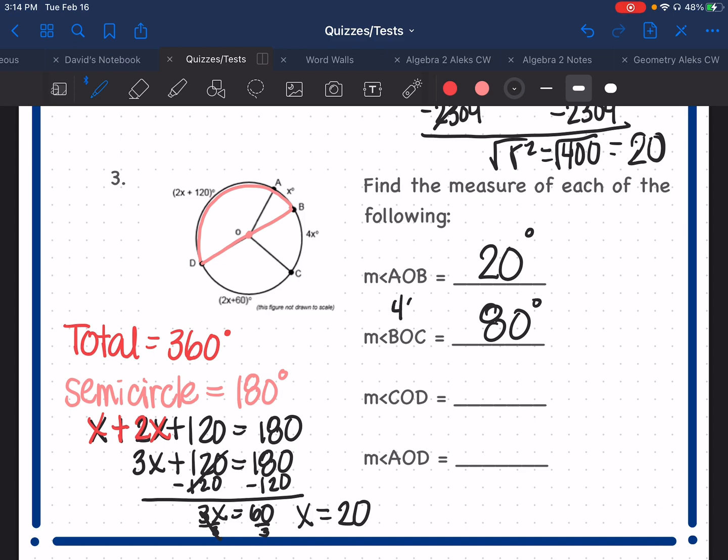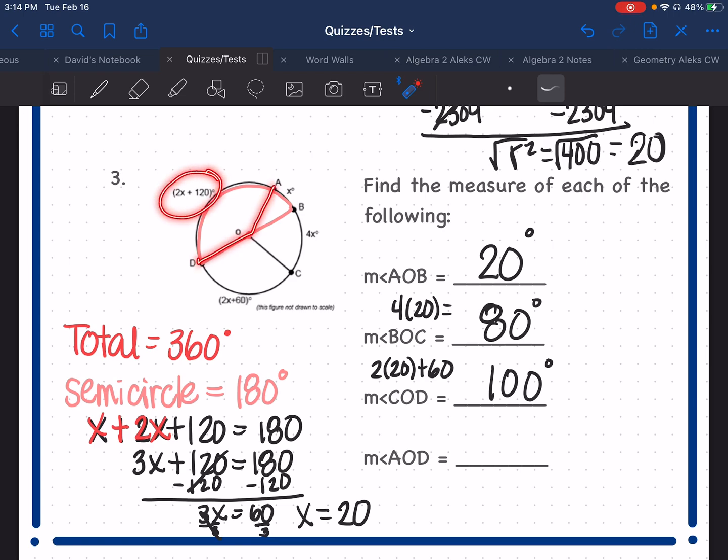COD, 2x plus 60. That would be 100. I'm just putting it in my calculator. And the last one, AOD, would be 2x plus 120. So 2 times 20 plus 120, and that would give me 160 degrees.